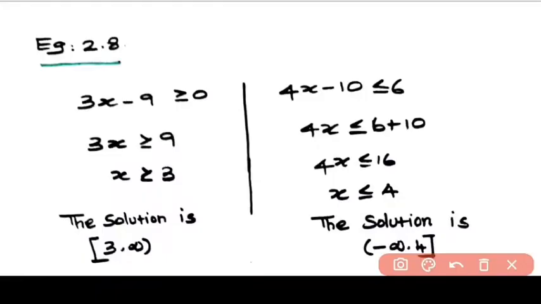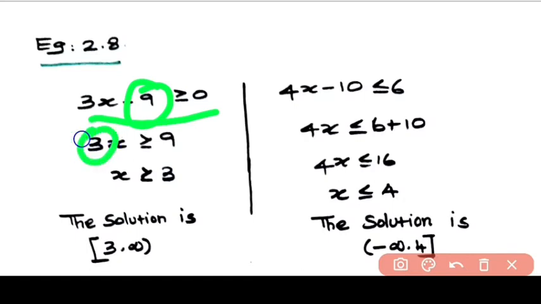Example 2.8, the given two inequalities, to solve for the x value. First I will take the first inequality, 3x minus 9 is greater than or equal to 0. Transform minus 9 to that side, so 3x is greater than or equal to 9.